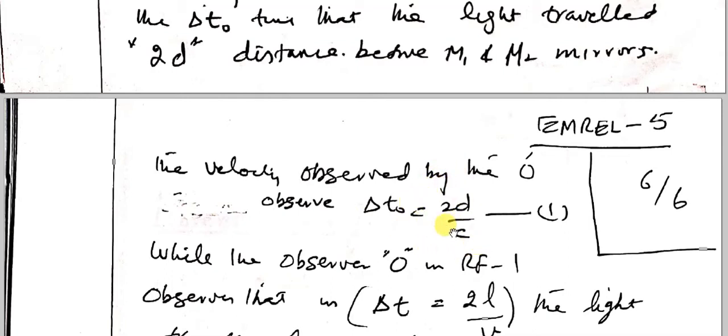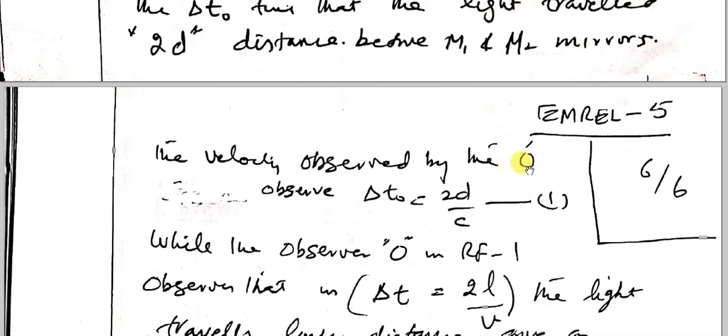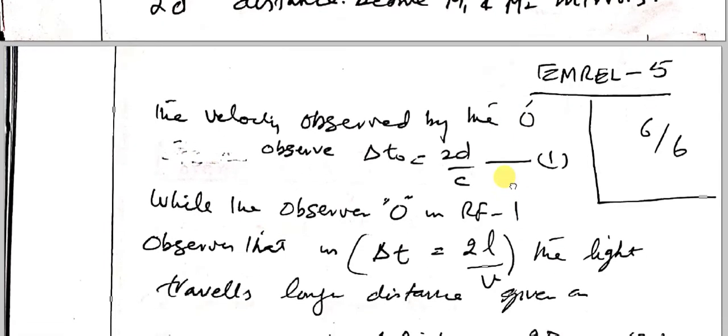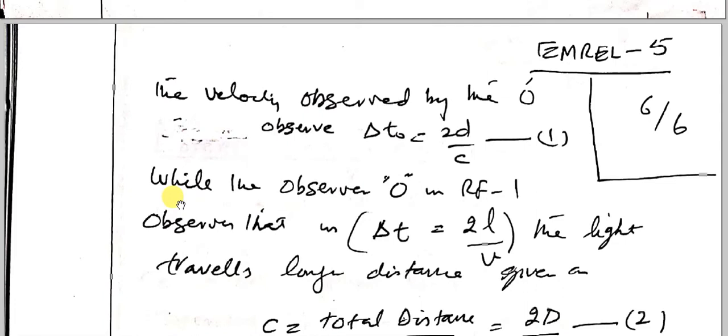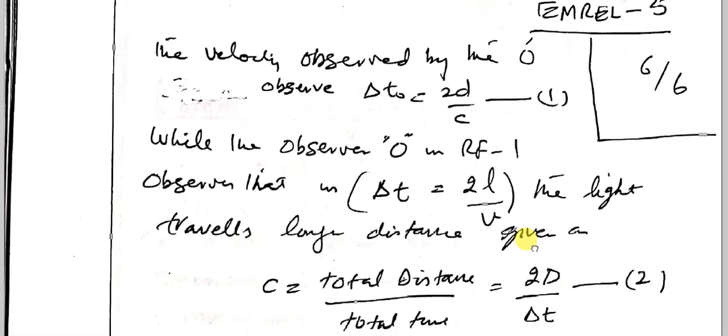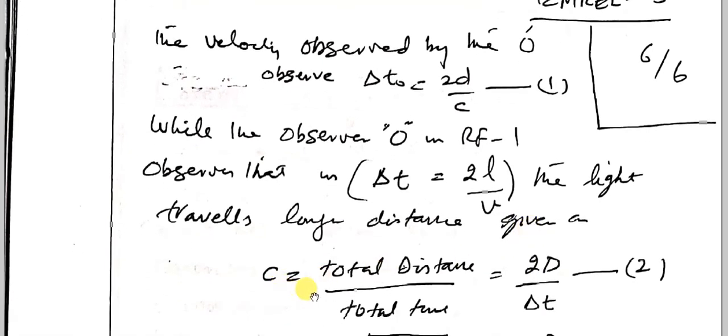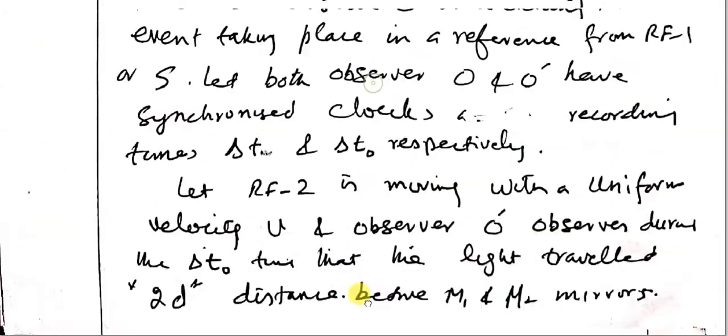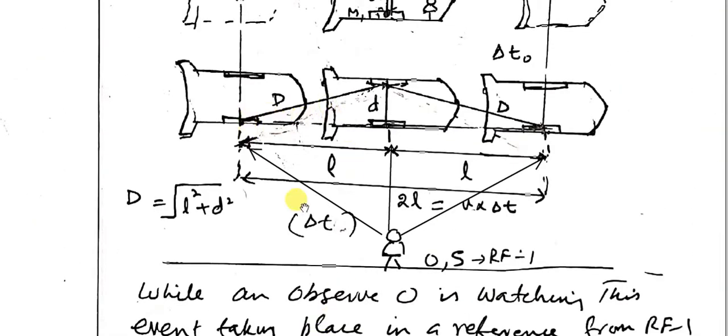Now the observer O in reference frame 1 observes that delta t is equal to 2L by v, and the light travels a longer distance, given by c equal to total distance 2d divided by delta t. What this observer sees is that when the light pulse starts moving from mirror 1, the rocket is also moving with relativistic velocity v.